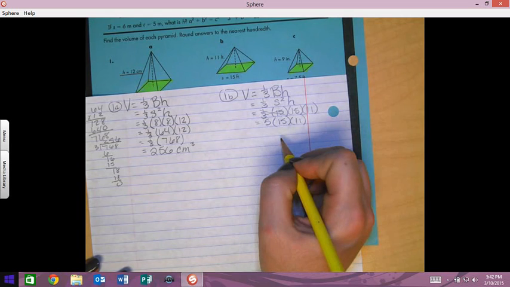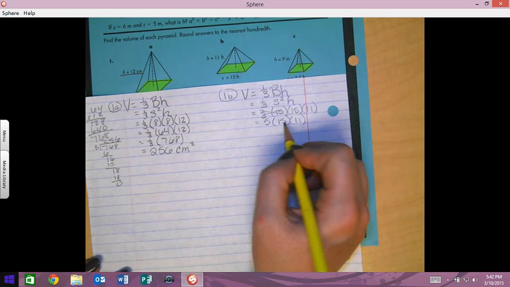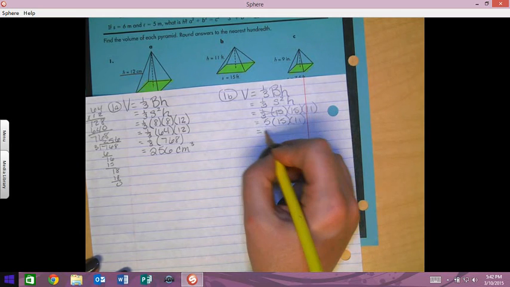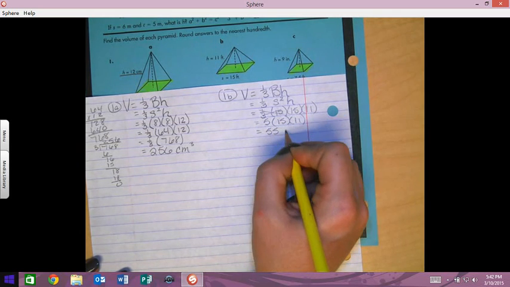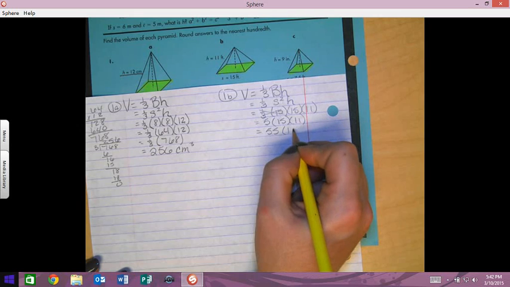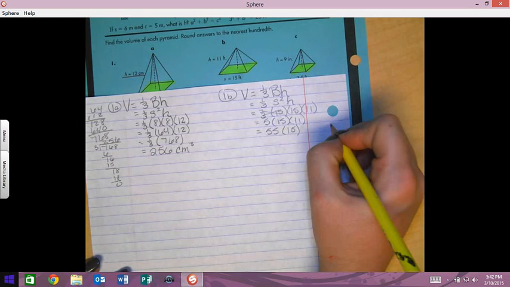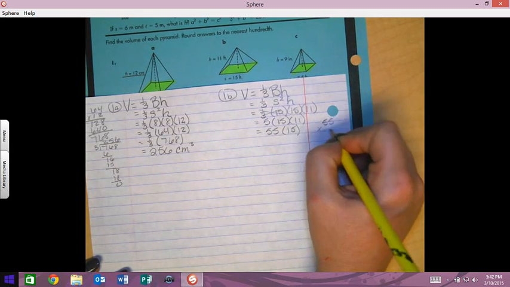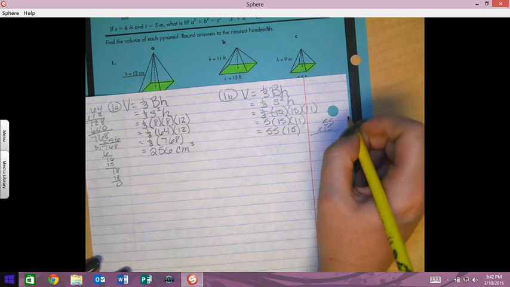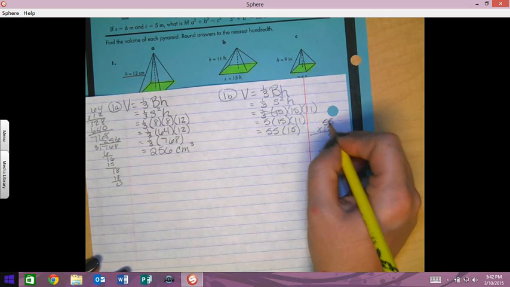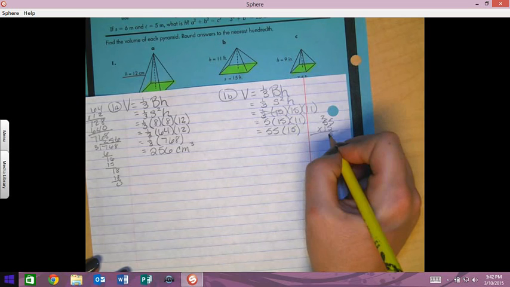So now, let's see. I don't know 5 times 15 off the top of my head without counting, but I do know 5 times 11 is 55. So now I can do 55 times 15. I do over here off to the side. 55 times 15. So 5 times 5 is 25. 5 times 5 is 25, plus 2 is 27.